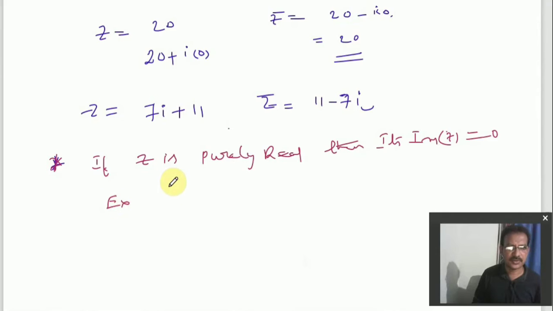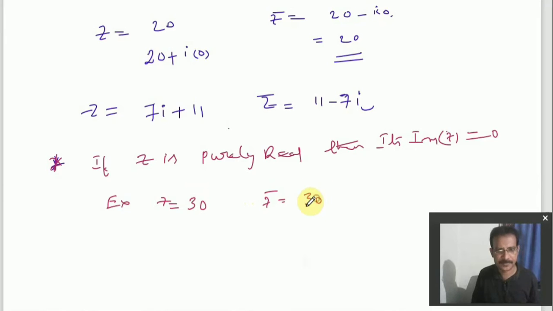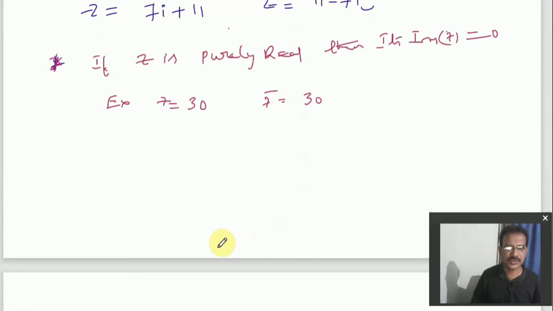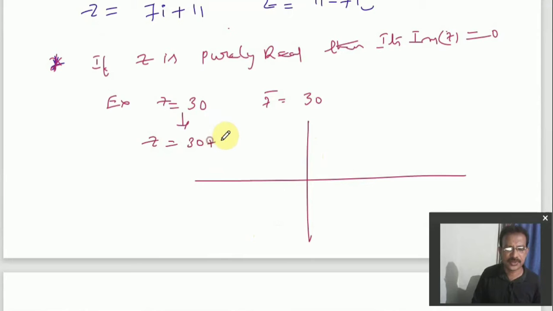For example, take z is equal to 30, which is purely real. z bar is equal to 30, because if you locate this number, a purely real number lies on the x-axis, the real axis. So its corresponding point, writing z as 30 plus i into 0, is (30, 0), a point on the real axis.